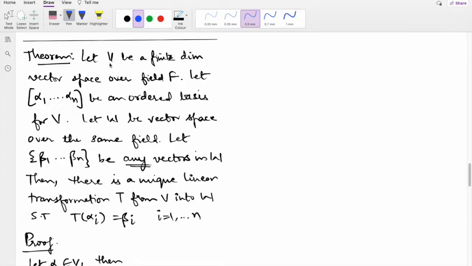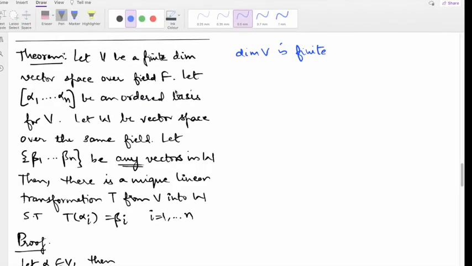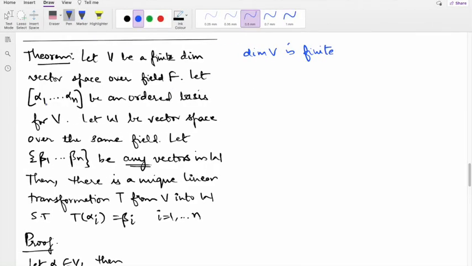So let's say I have a vector space V, which is a finite dimensional vector space over the field F. So dim V is finite. Now let alpha 1 to alpha n be an ordered basis for V. That is, I have n elements in the basis, so dim V is actually just n, which is finite. Ordered basis, in the sense I just have some ordering in the basis.